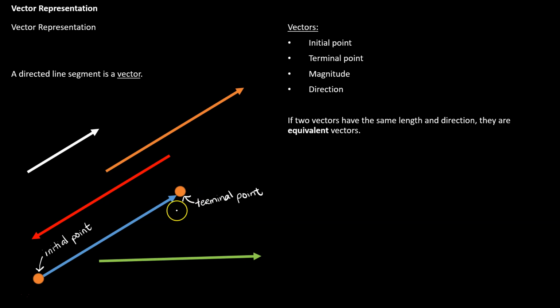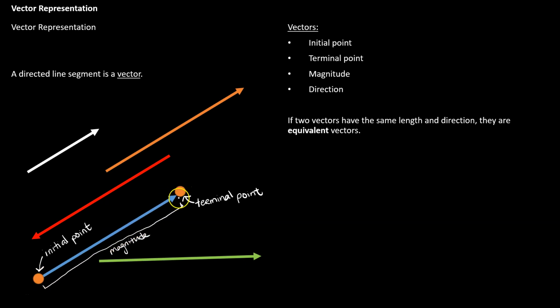There's 2 other things that all vectors have, even if they aren't represented as a line segment. All vectors will have a magnitude. In the example of a directed line segment, the magnitude of the vector is represented as the length of the segment. And then lastly, direction. When we use a directed line segment to represent direction, we can just follow with our eyes, starting from the initial point and extending towards the terminal point.